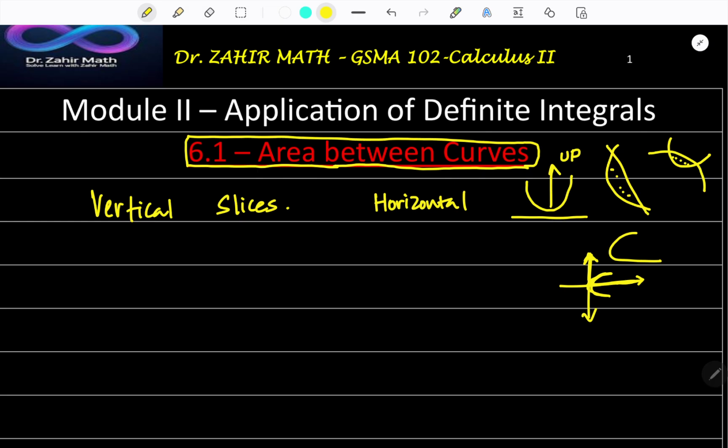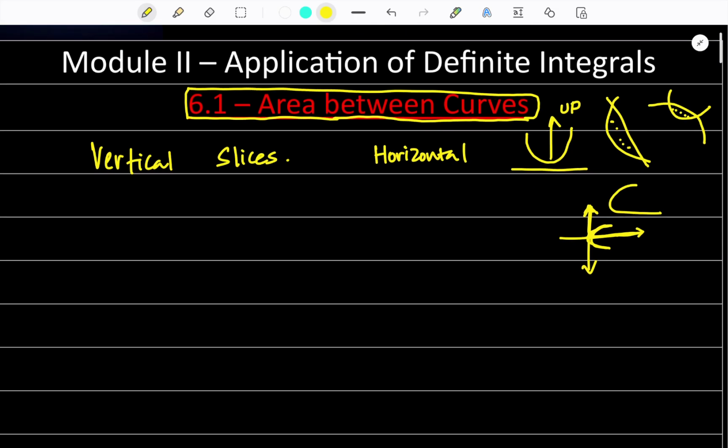First I'll teach you the steps to find the area when the curves are in vertical slices. Step number one is the formula. Area is equal to the integral from a to b, where the lower limit is a and the upper limit is b, of top minus bottom.